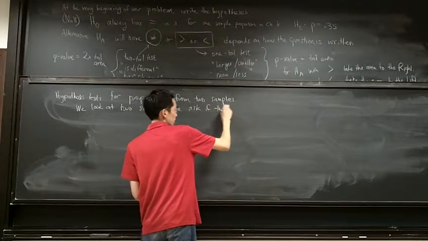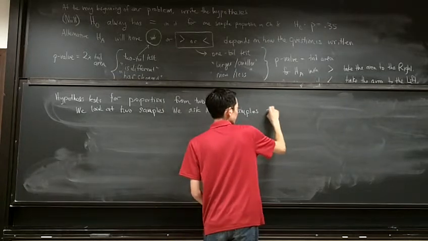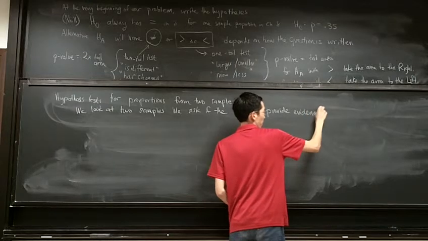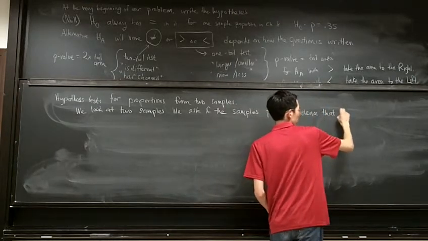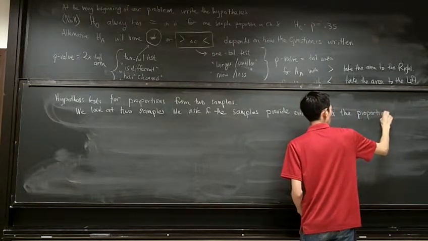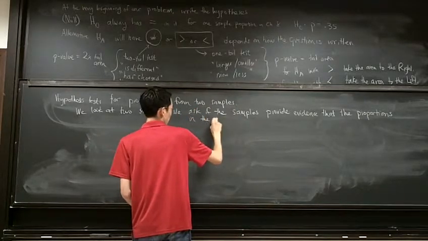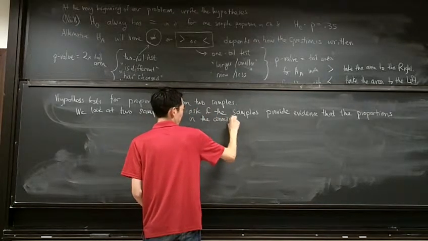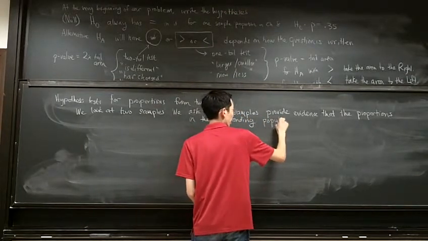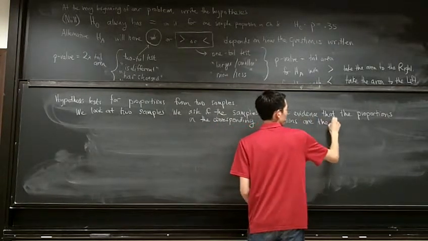We're asking if the samples provide evidence that the proportions in the corresponding populations are the same or different.